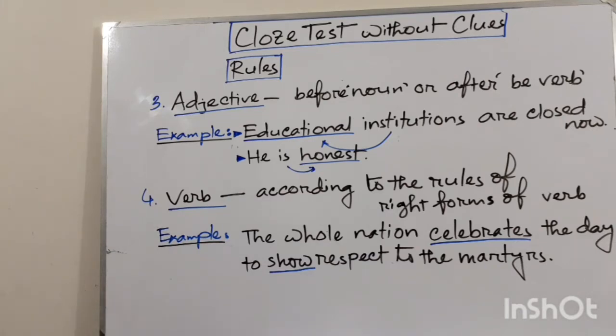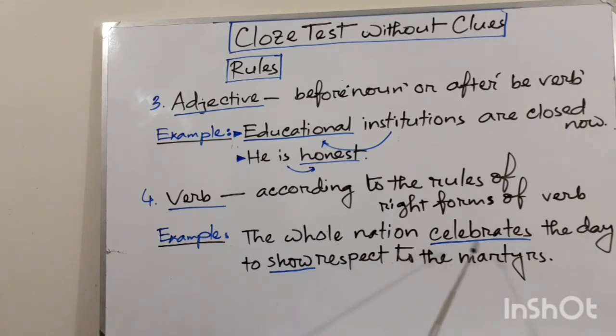Then rule number 4, verb according to the rules of right forms of verb. It means if the gap is the place of a verb, then you have to apply the rules of right forms of verb to write the verb in the correct form. In the example you can see, the whole nation celebrates the day to show respect to the martyrs. Here you can see the use of two verbs, number 1, celebrates, and number 2, show.